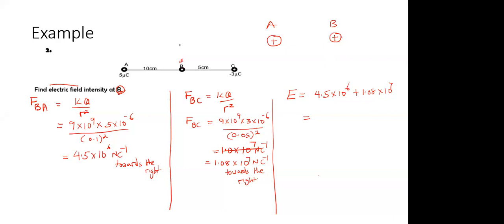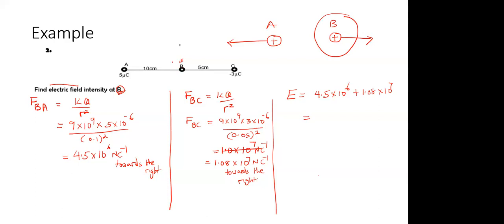So this one is going to be pulled this side, this one is going to be pulled this side. Not so? Yes, teacher. But since we are interested in electric field intensity at point B, we look at the direction of that arrow. So which direction is that? Towards the right. So that's why.